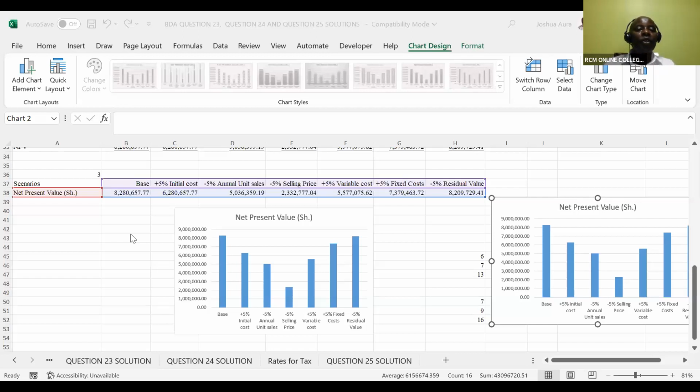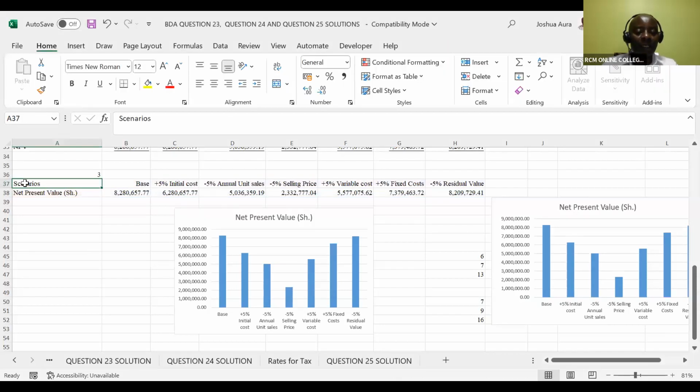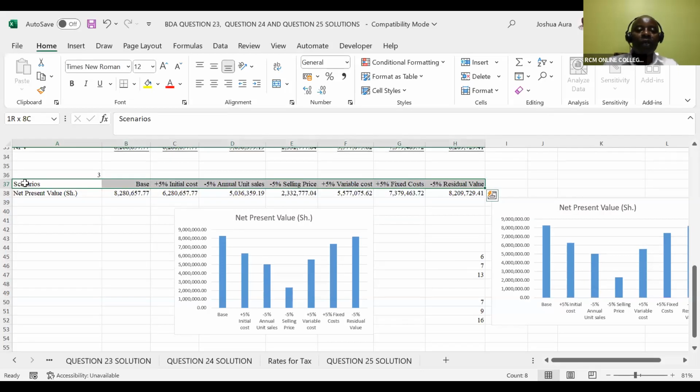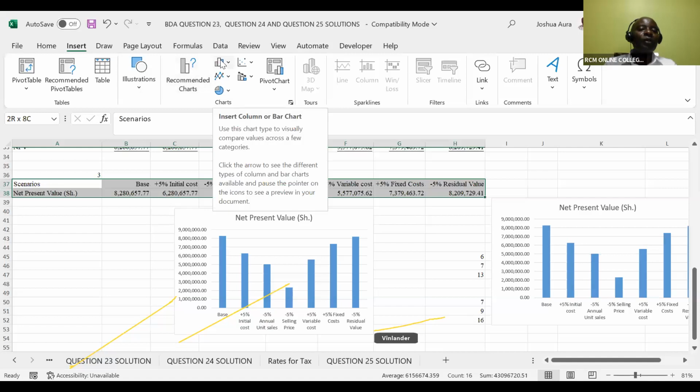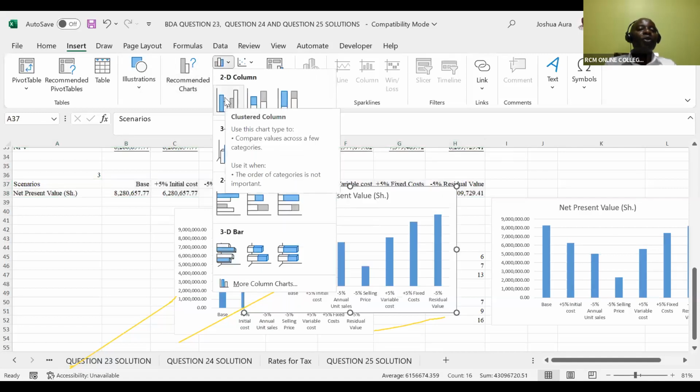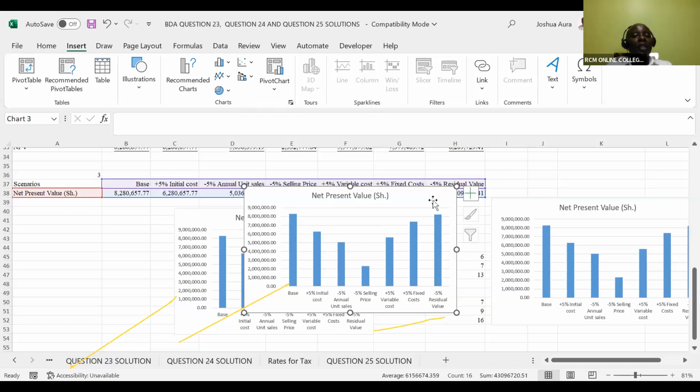Great. So then what you are supposed to do is to copy these scenarios. You have them base, 5% initial like that. And then you simply come and highlight these two, Control Shift, right arrow, down arrow. You highlight those two. And then you say, insert. You insert a graph, this graph. You pick any 2-dimensional. So you can see I have it here.